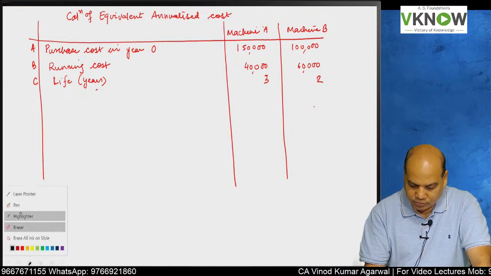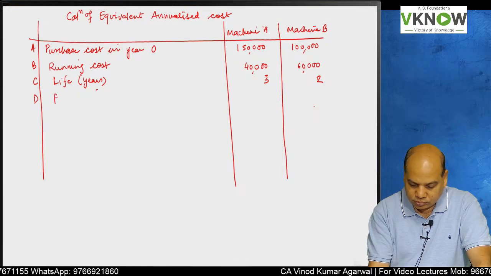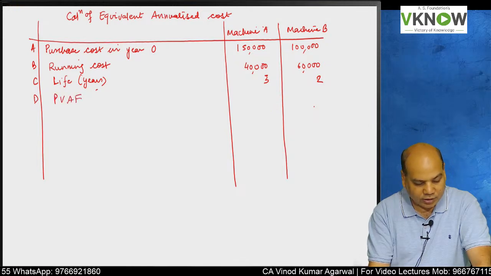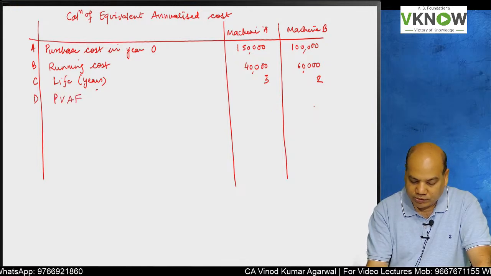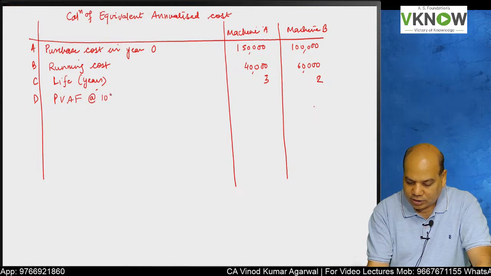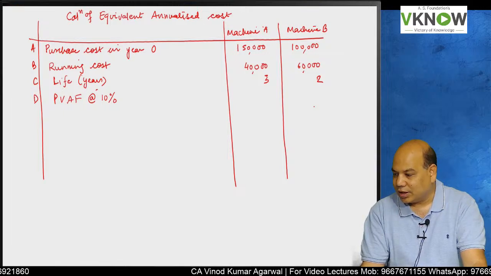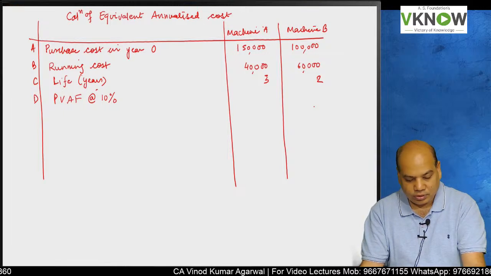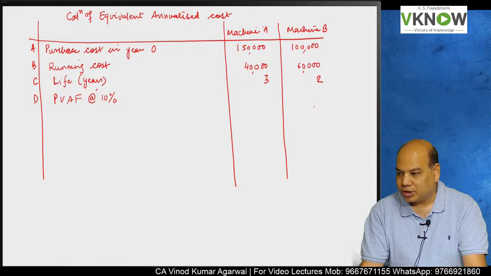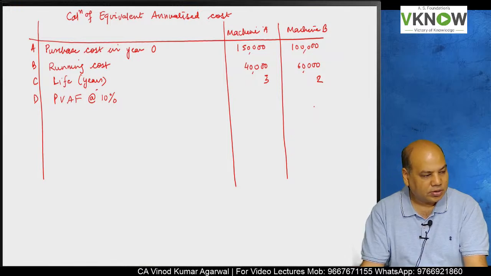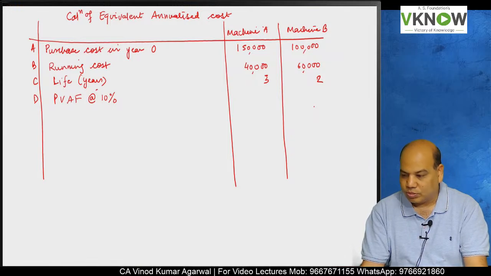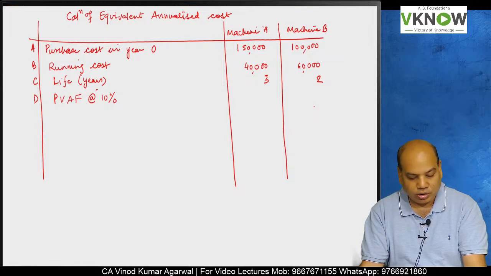Then point number D, present value annuity factor at the rate 10%. So you will calculate annuity factor: 1 divided by 1.10, equal to, memory plus, equal to memory plus, equal to memory plus, memory recall function.